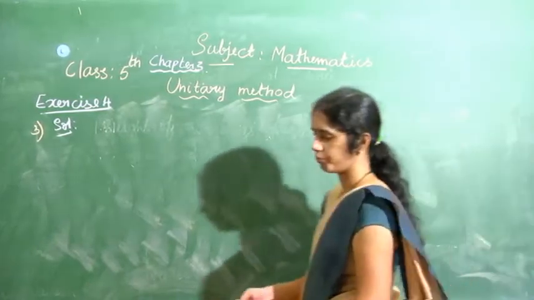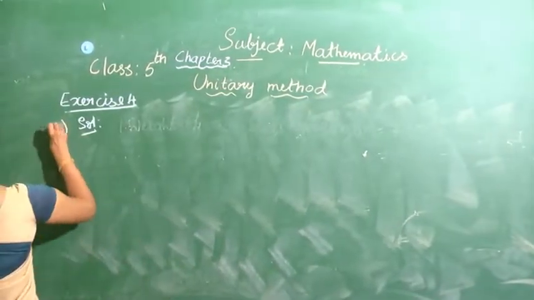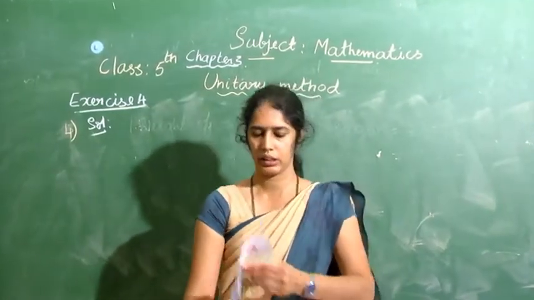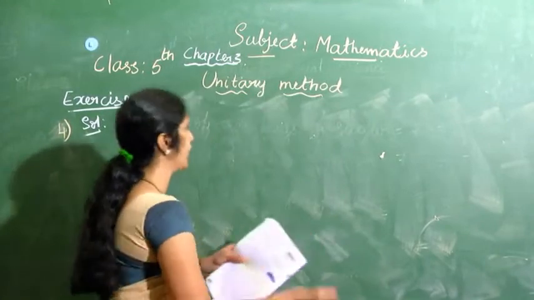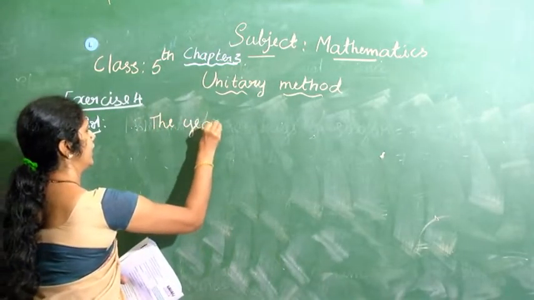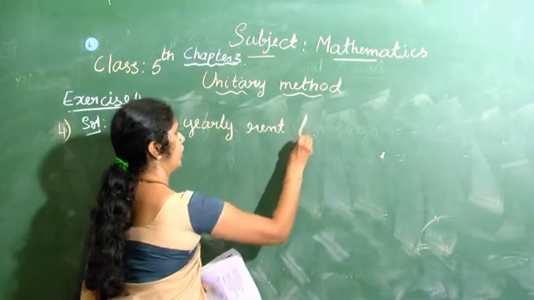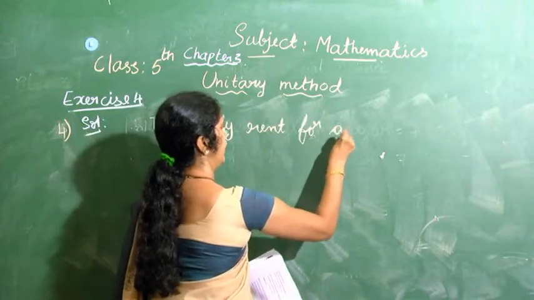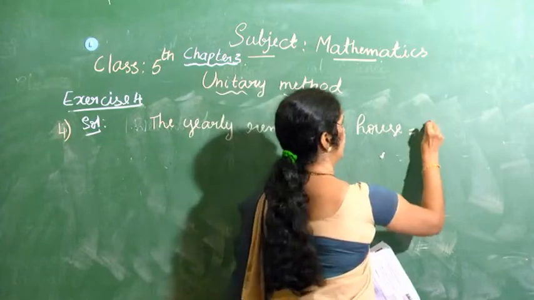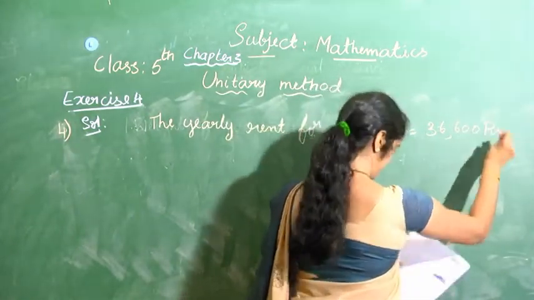So, fourth one, the yearly rent for a house equals 36,600 rupees.